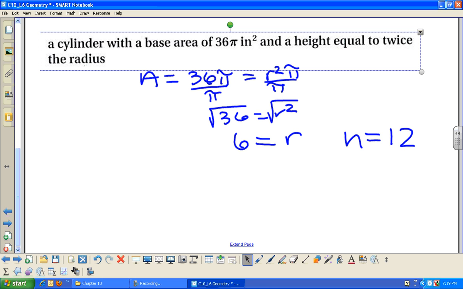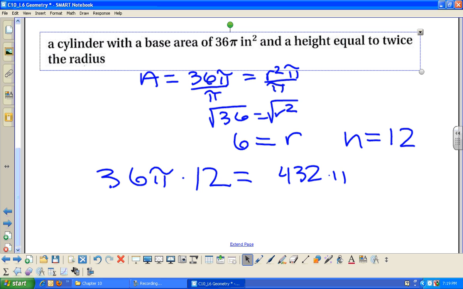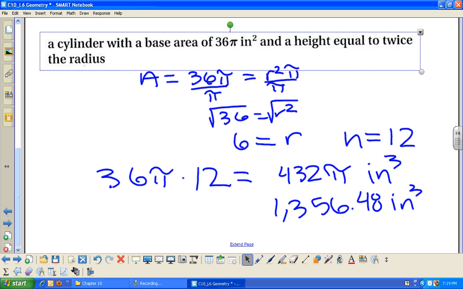So when I'm looking for the volume, I'll take the area of my base, which is 36 pi, times my height, which is 12, and get 432 pi inches cubed, or 1,356.48 inches cubed.